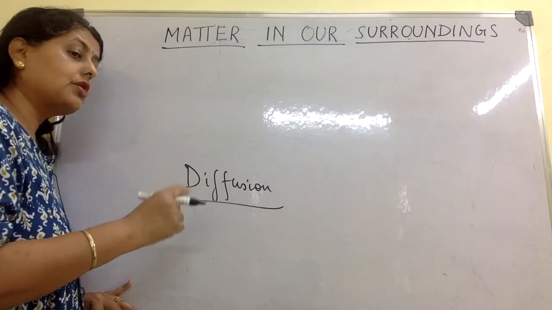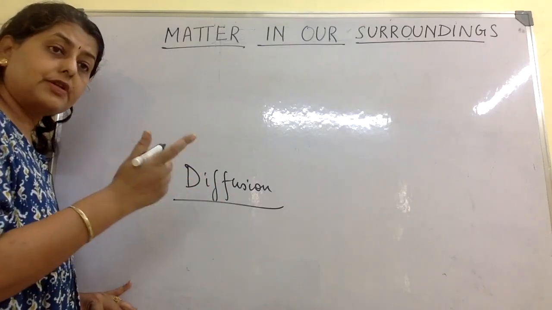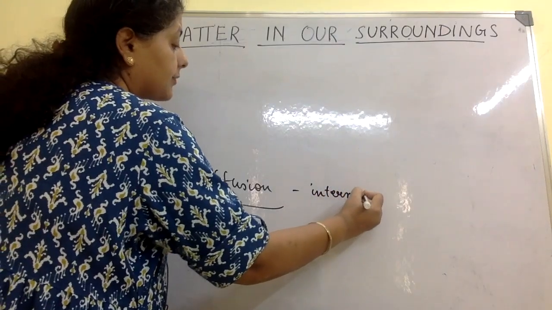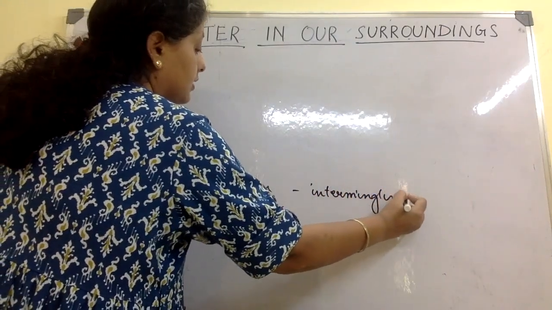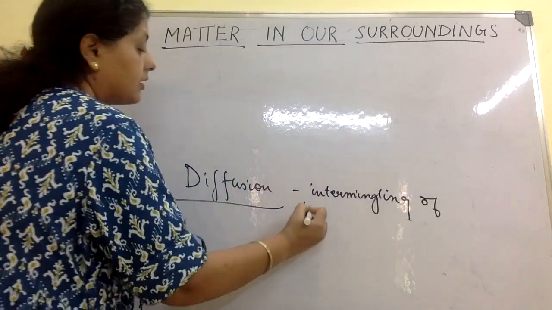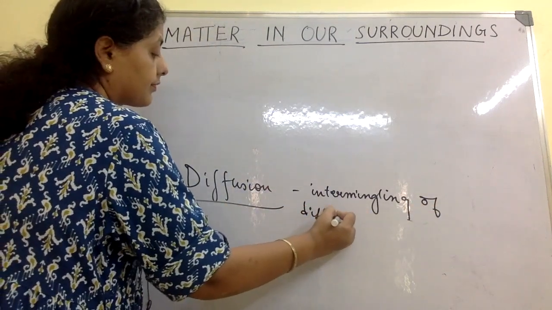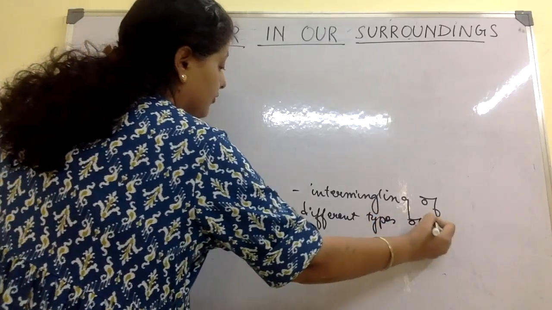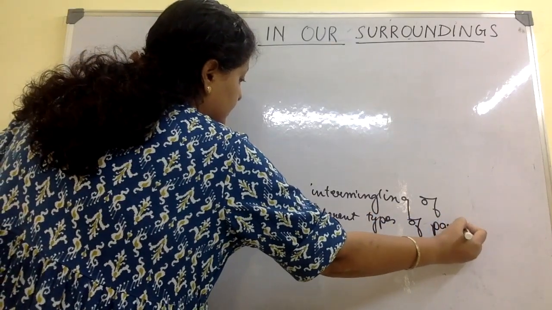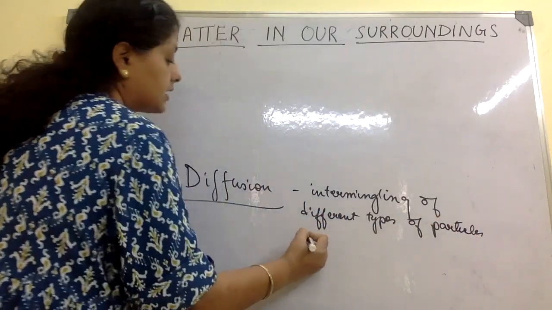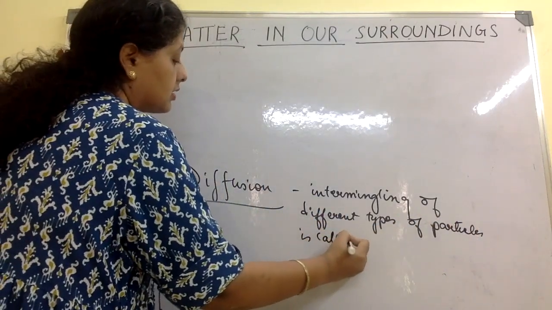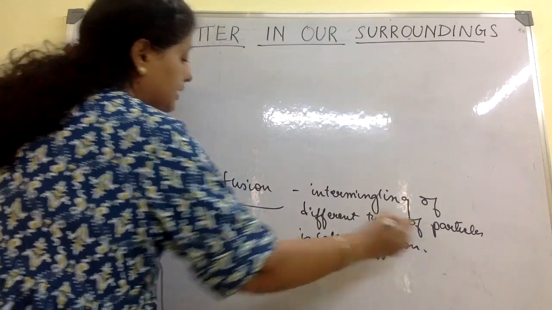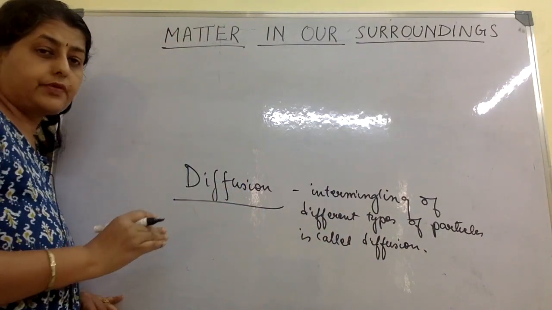Now diffusion is intermingling of different types of particles. Intermingling of different types of particles is called diffusion.